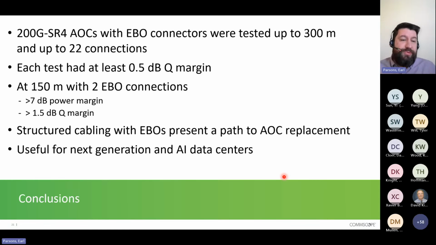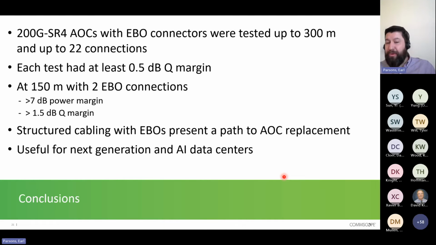So in our view, using these expanded beam connections with structured cabling is a path to replace or avoid AOCs in your AI clusters. Again, with the benefit that it'll be quicker to deploy. You don't have to clean these connectors because they're expanded beam.